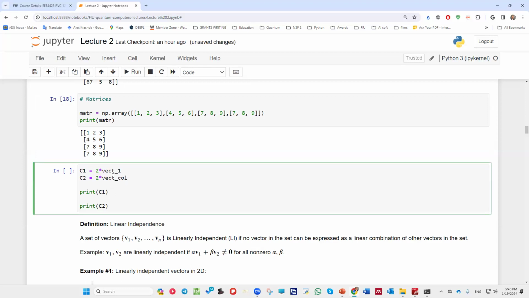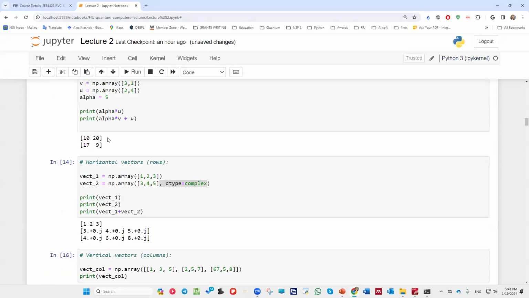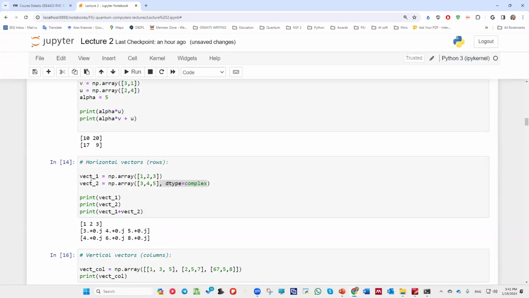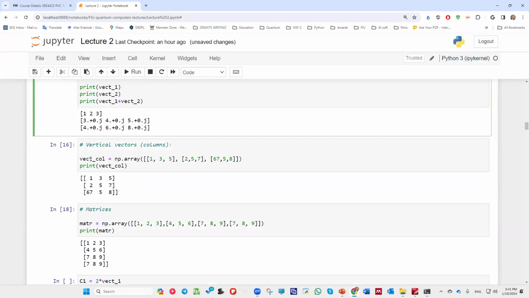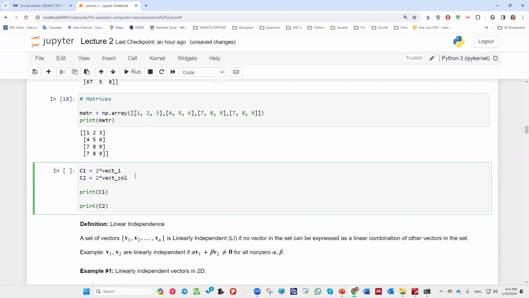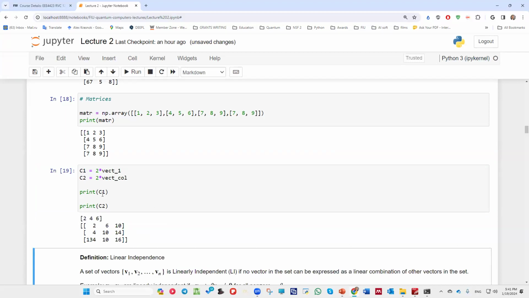I can multiply these vectors created over here, right? Vector 1 is this one, vector 2 is this one. So I can multiply them with a number, some parameter. So here is vector 1. Here is vector 2.